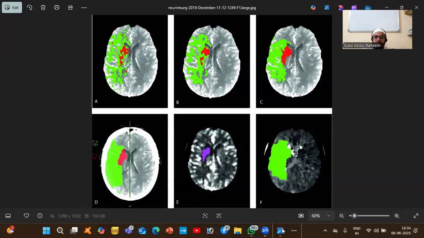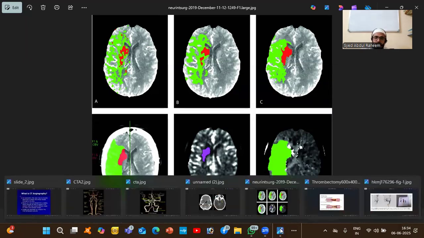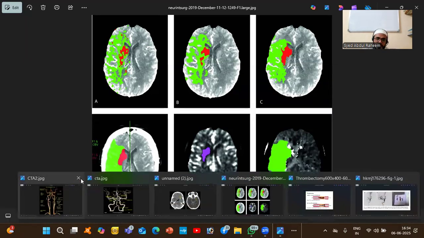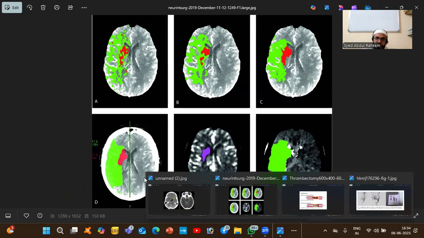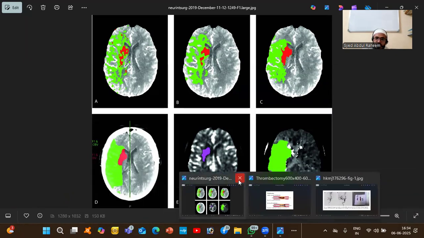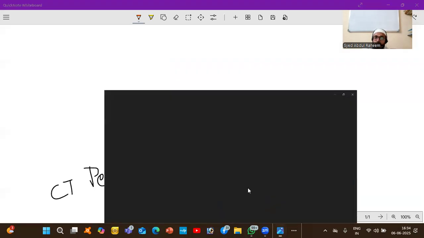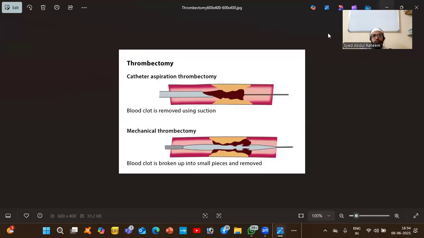Next, we discussed CT angiogram and CT perfusion, and now we will talk about thrombectomy. Thrombectomy is the procedure for a blood clot. It may be broken by catheter or done mechanically.